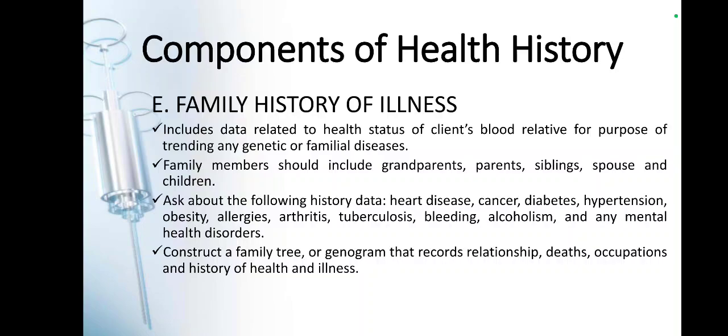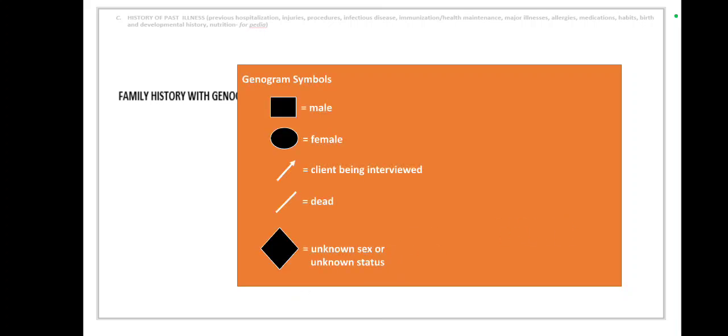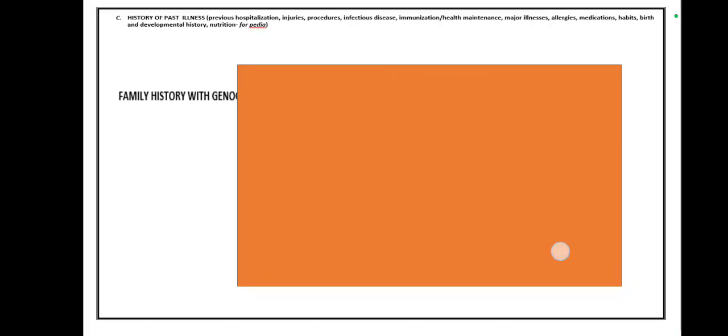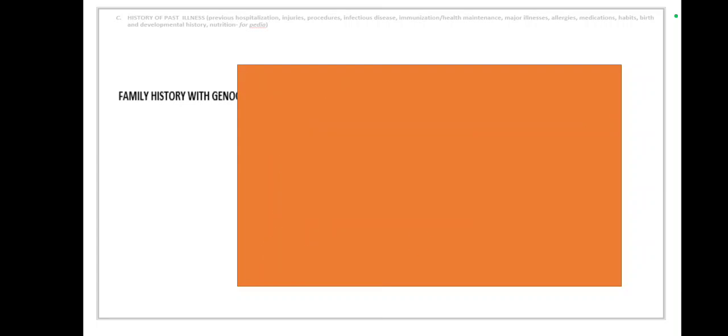So this is what we call a genogram, a family tree that records relationships, any deaths, any occupations, history of health and illness. This is an example of your family history with genogram. First you make your genogram symbols: male, female, client being interviewed, the dead, unknown sex or unknown status. This straight line symbolizes husband and wife, and this half of a square or rectangle line symbolizes siblings.